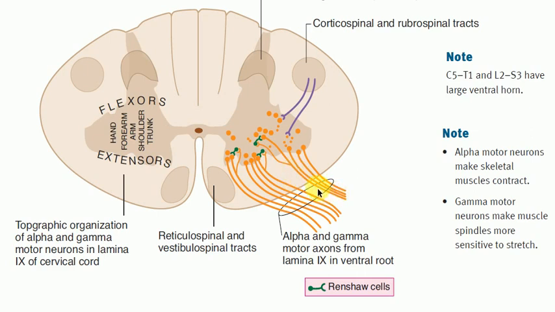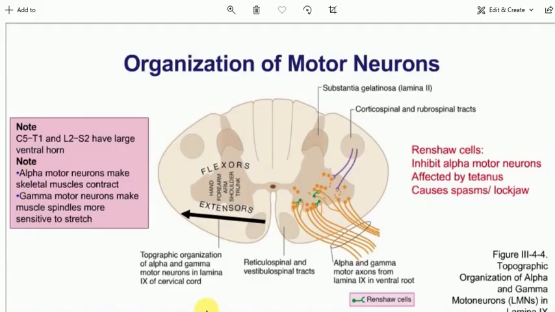And the significance of this is that it has a clinical significance: the Renshaw cells are affected by tetanus toxin. Now, the tetanus toxin is transported in the retrograde direction, that is from the axon to the cell body, and through retrograde transport through the alpha motor neurons, it reaches the synapse between the alpha motor neurons and the Renshaw cells.